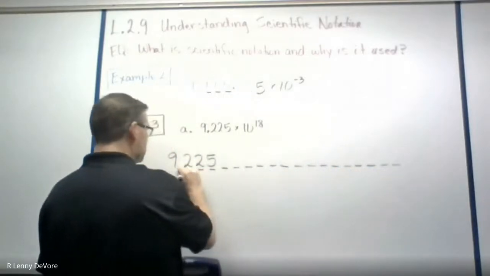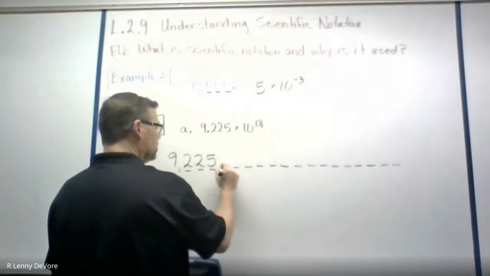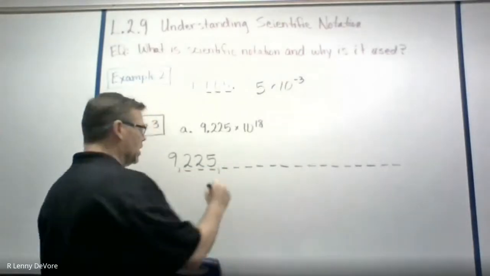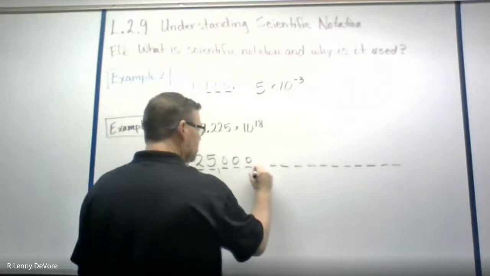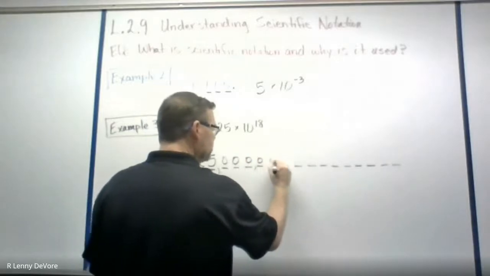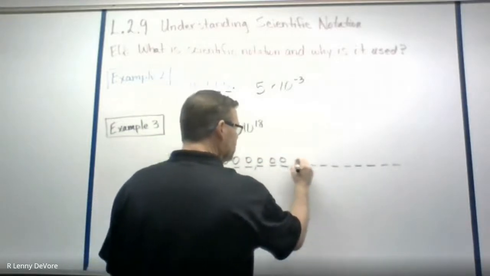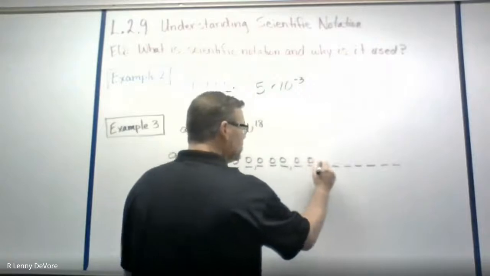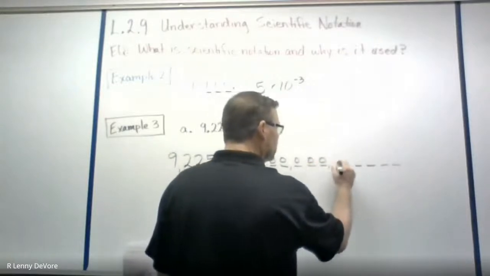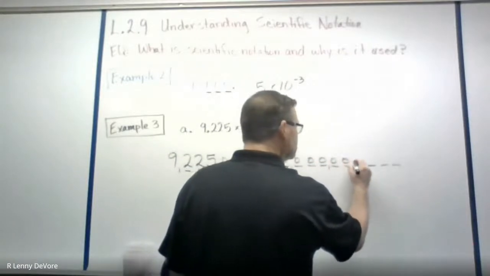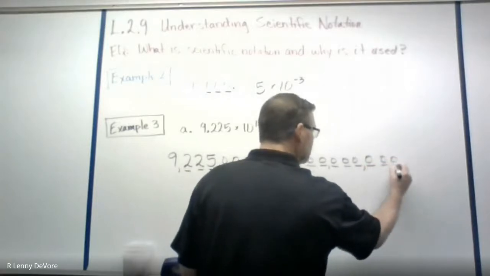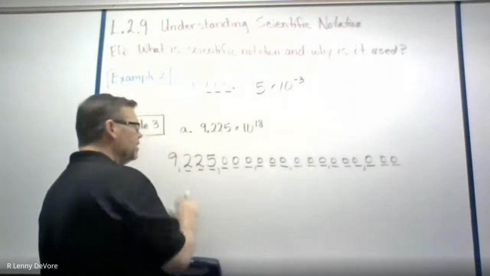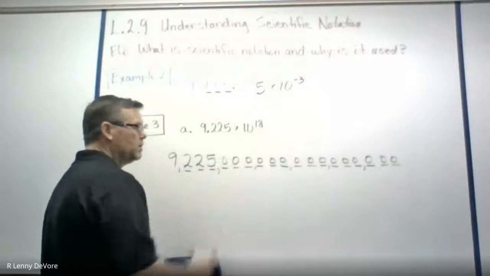This is going to be a comma here and a comma here because I've already worked it out, so I know where they go. And then we go 0, 0, 0, comma, 0, 0, 0, comma, 0, 0, 0, comma, 0, 0, 0, comma, 0, 0, 0.